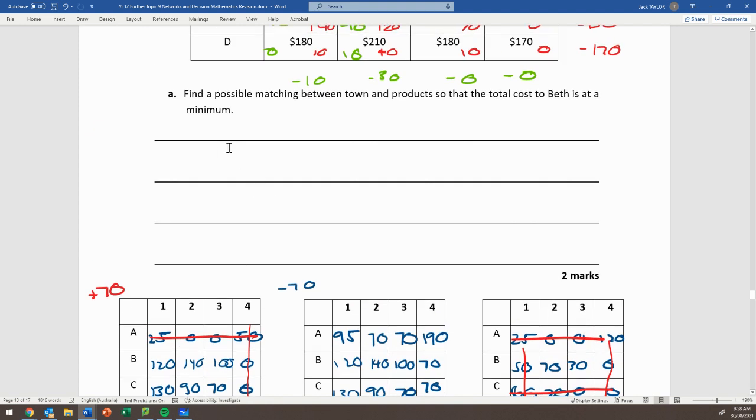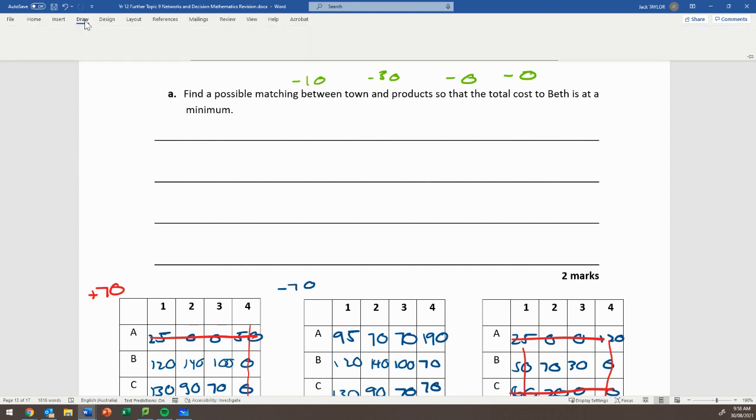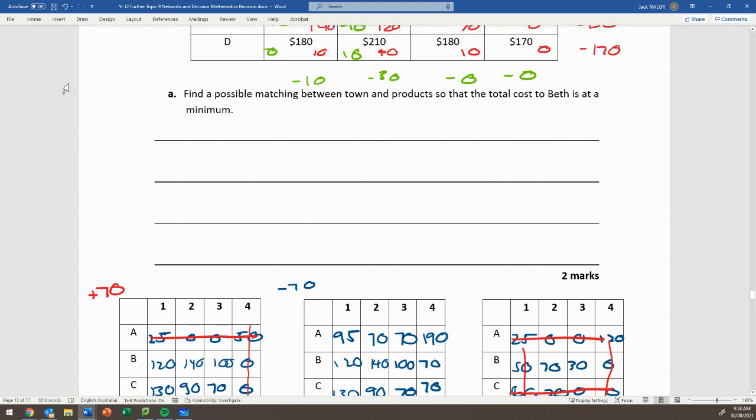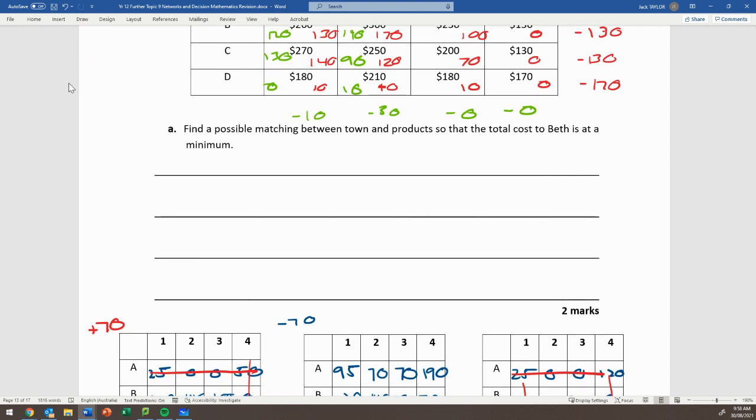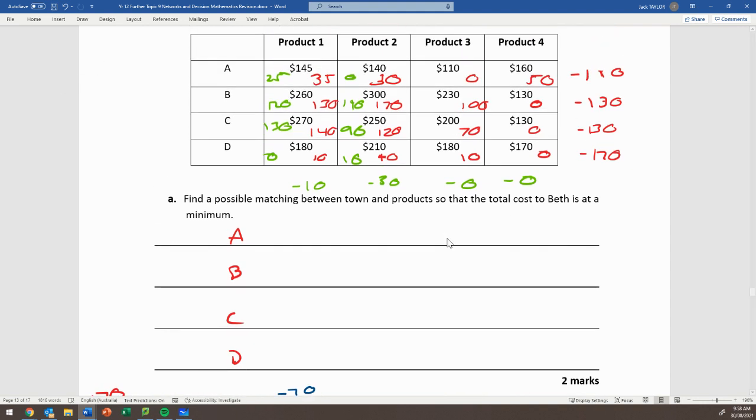So the question said, find a possible matching between town and product so that the total cost to Beth is at a minimum. So now I'm going to draw my bipartite graph from this. So we had A, B, C, D, with products, what was it? 1, 2, 3, 4.